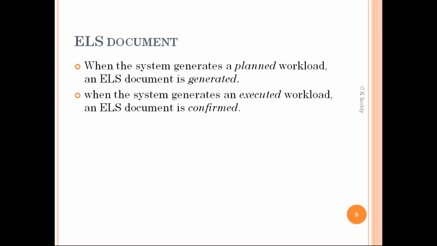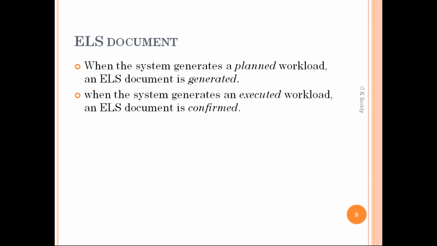For example, when an unload activity is there, once the warehouse order is created, some planned workload can be generated against that unloading activity. Once we confirm that, that record is deleted from that area and moved to executed workload. But here one exception is there. For the deconsolidation work step, the planned workload document cannot be deleted.